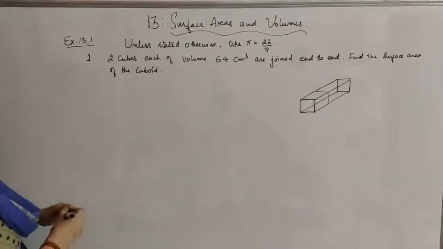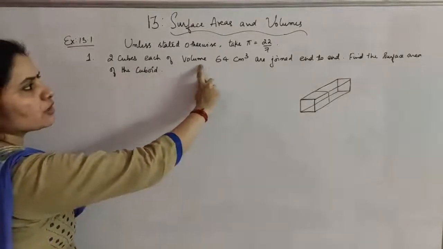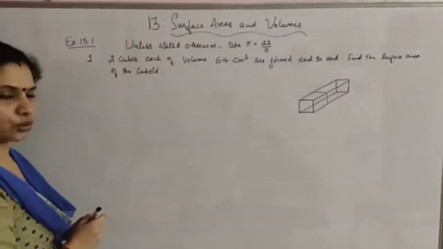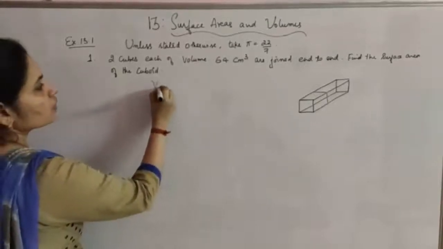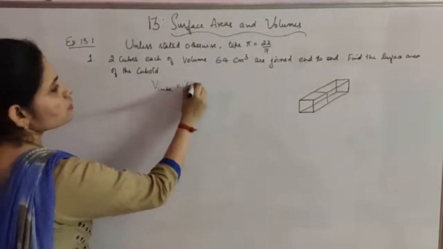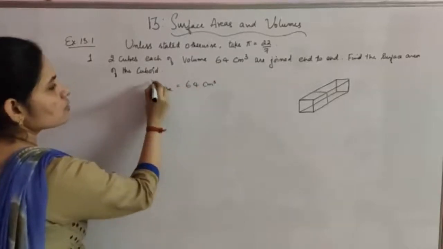The cubes are given to be of volume 64 centimeter cube. From that we will get one side of the cube. Now volume of the cube is 64 centimeter cube. What is volume of cube?